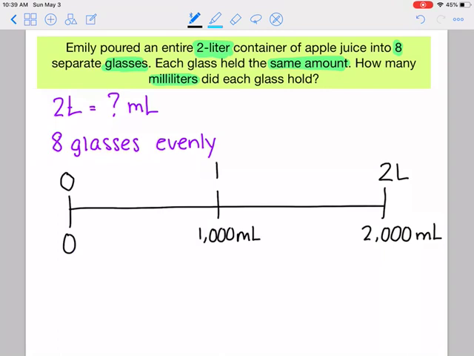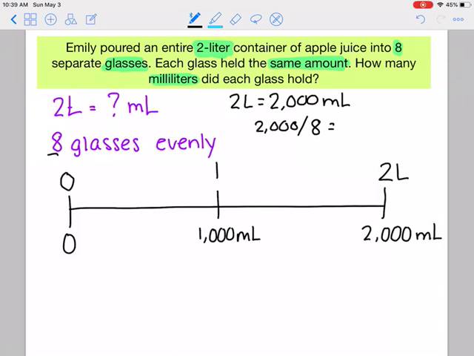So, there's a few ways that you guys can do this. You know that if 2 liters holds 2,000 milliliters, and you need to figure out how many can fit in 8 glasses, you can do 2,000 divided by 8. You could do it that way, and that would be pretty quick.